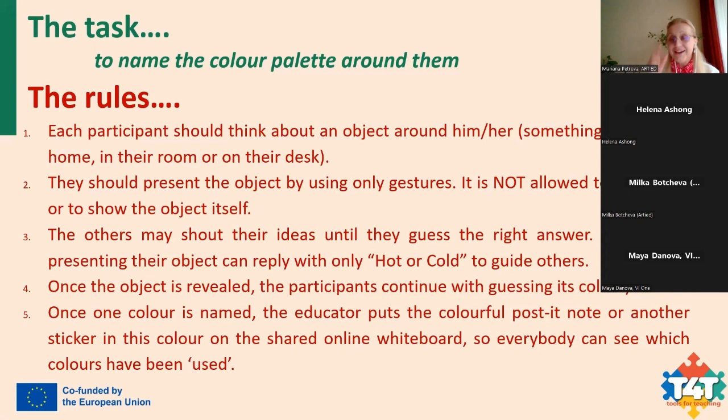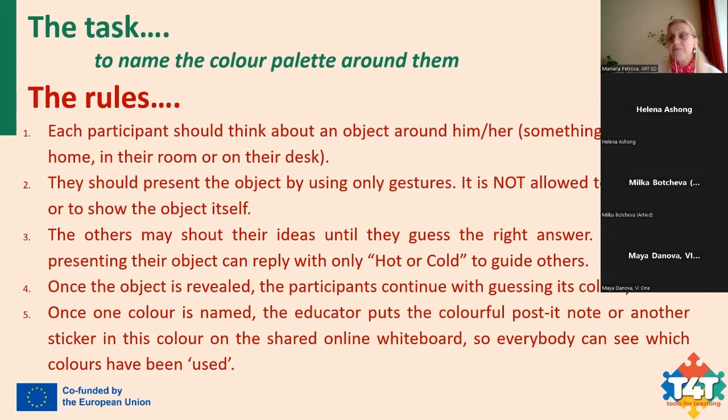No words are allowed in this exercise, and the idea is for the other participants to guess the object. They might shout or they might type into the chat, and after that, if we have time, we could select the participant, the winner of the exercise.